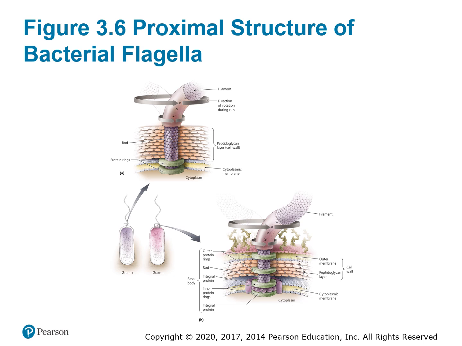As you can see, there is the rod that goes through that thick layer of peptidoglycan and the rings extending to the inside of the cytoplasm, with the hook and the filament sticking out. On the bottom right, you can see the gram-negative structures. So as you can see, there's a few more rings within this structure that are helping it anchor that flagella into the cell wall and into the cell membrane of that cell.